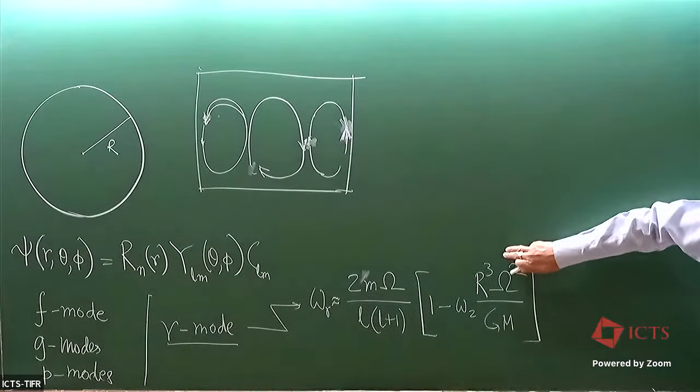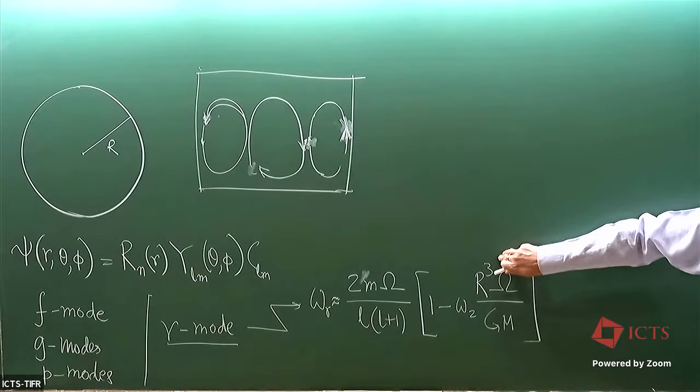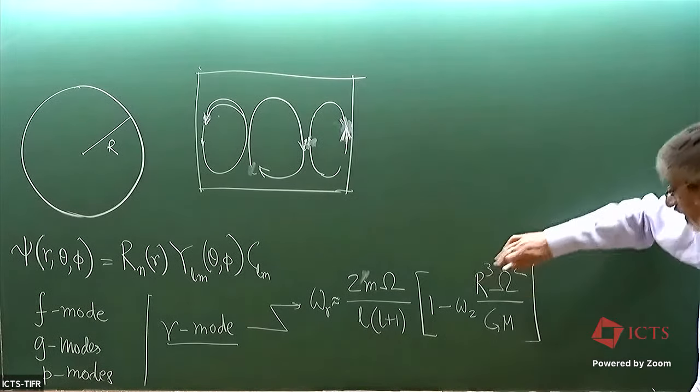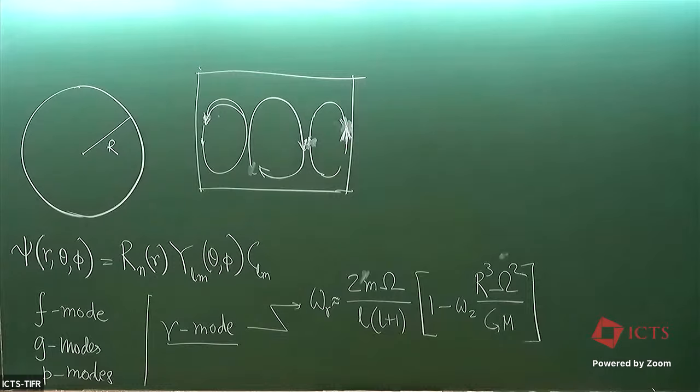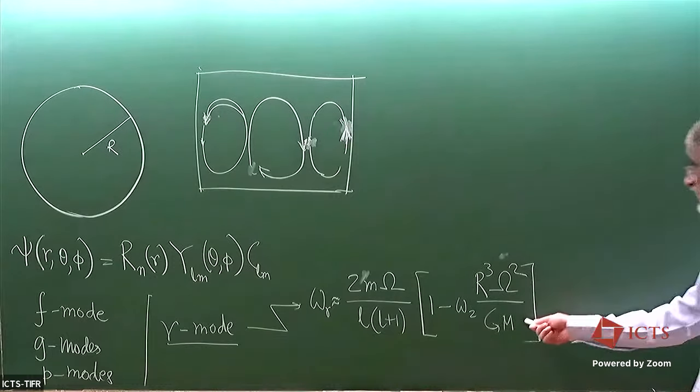But the next order correction has a dependence on mass and radius.